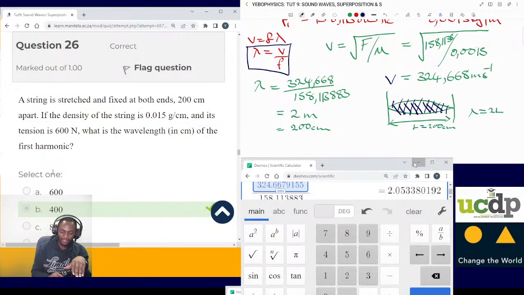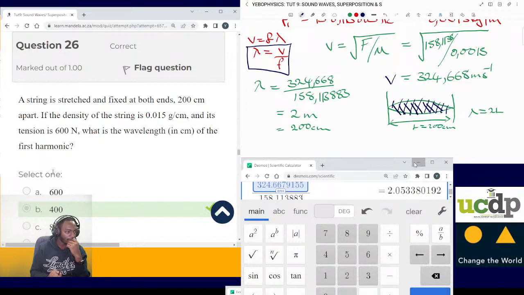But it's giving us 200 as the wavelength, which is not the answer that we're expecting. I was hoping that it would give us the same answer anyway, because we considered the fundamental mode, for n equals 1, tension is 600.